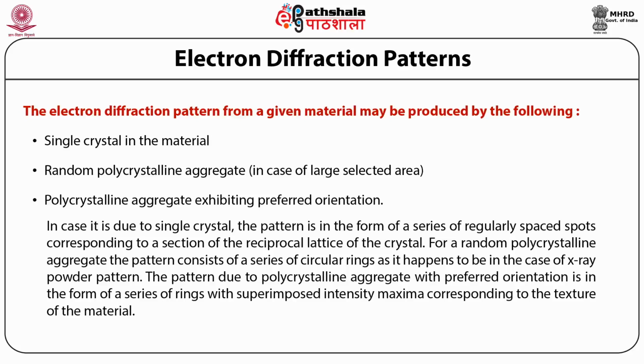In case it is due to a single crystal, the pattern is in the form of a series of irregularly spaced spots corresponding to a section of the reciprocal lattice of the crystal. For a random polycrystalline aggregate, the pattern consists of a series of circular rings, as it happens to be in the case of X-ray powder pattern.